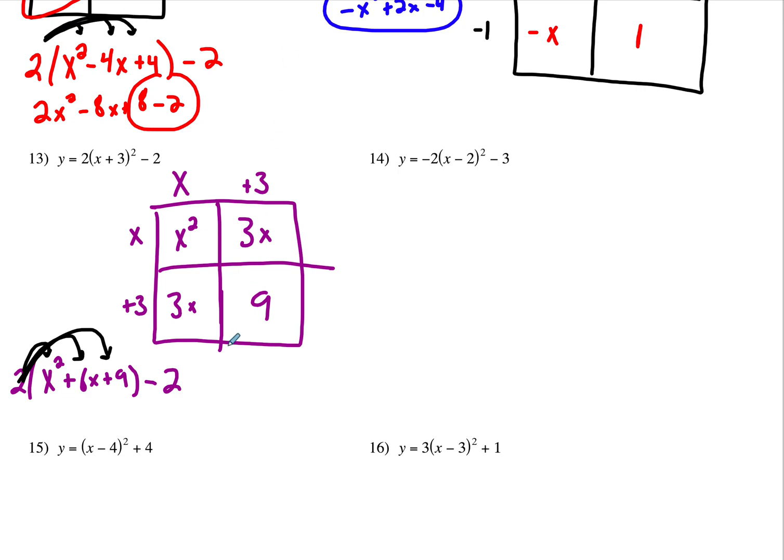When I distribute the 2, I get 2x squared plus 12x plus 18, and the minus 2 comes in. And now I get 2x squared plus 12x plus 16.